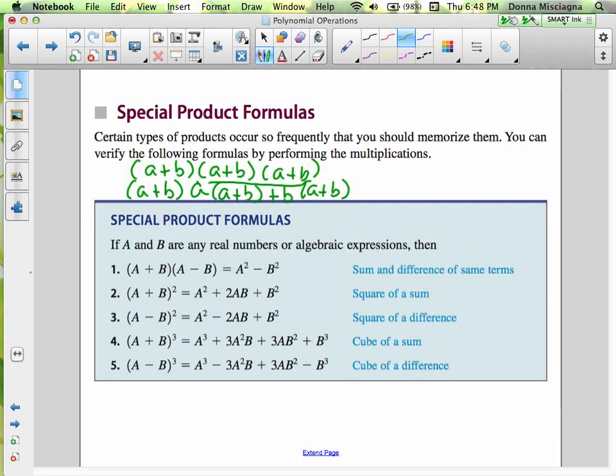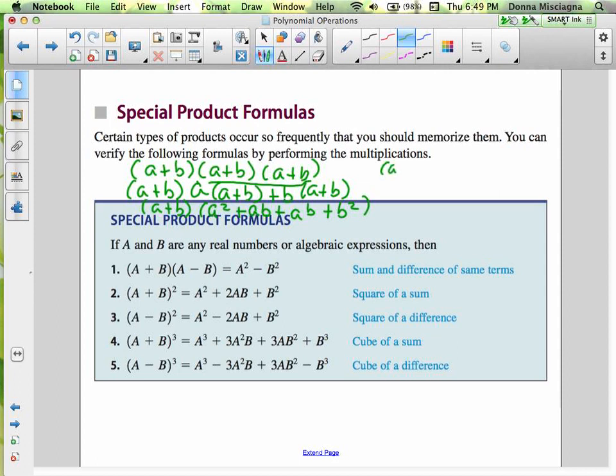So I'm distributing the a to the (a plus b) and the b to the (a plus b). That gives us a times a, which is a squared, plus a times b, which is ab, plus b times a, which is ab, and b times b, which is b squared.